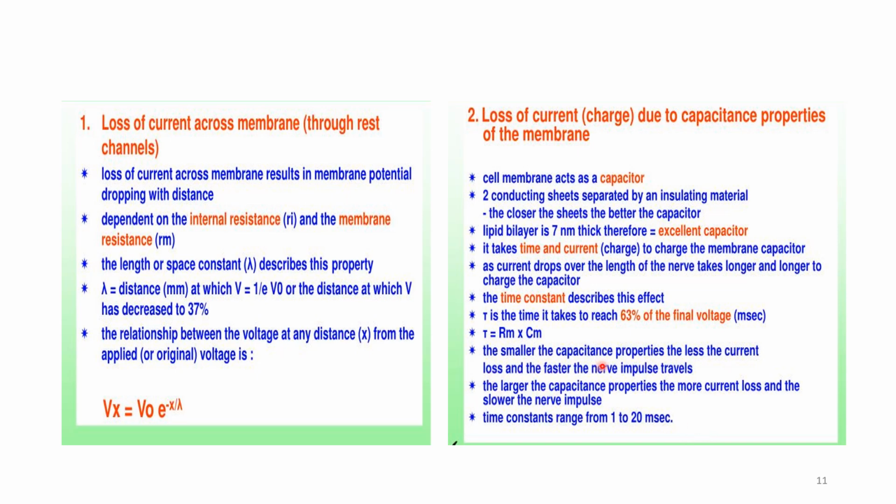The smaller the capacitance properties, the less the current loss and faster the nerve impulse travels. So we need smaller capacitance properties and less current loss to ensure faster nerve impulse travel. The larger the capacitance properties and more current loss will cause the nerve impulse to go very slowly.